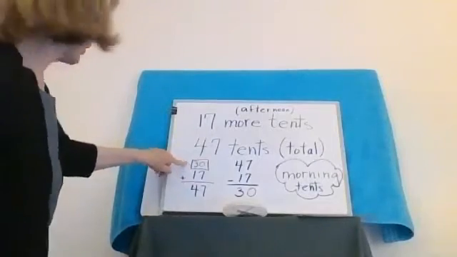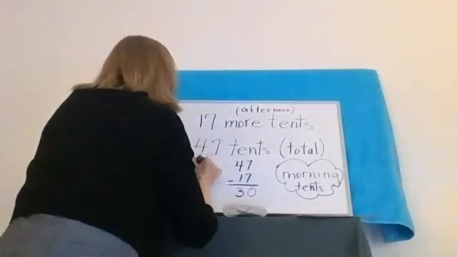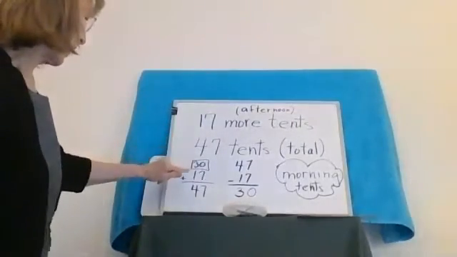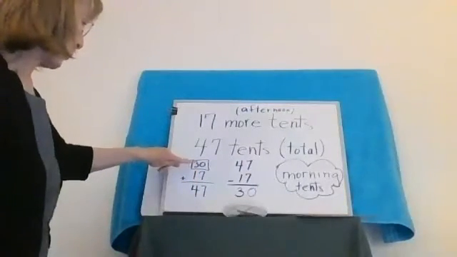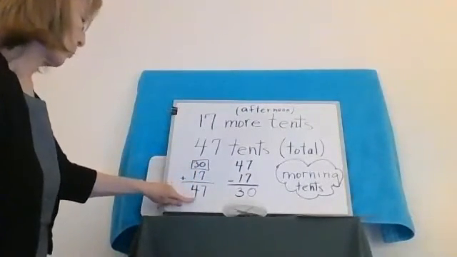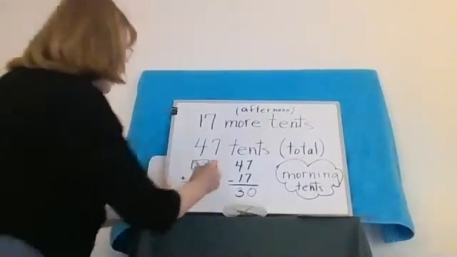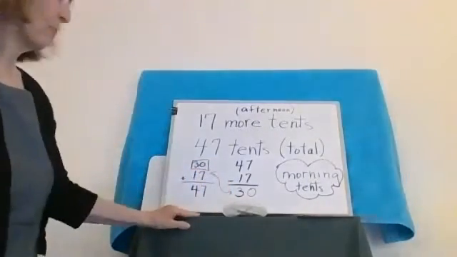It's not very dark. There's the 30. 0 plus 7 equals 7. 3 plus 1 equals 4. Did I find the right number? I did. Because why? They match.